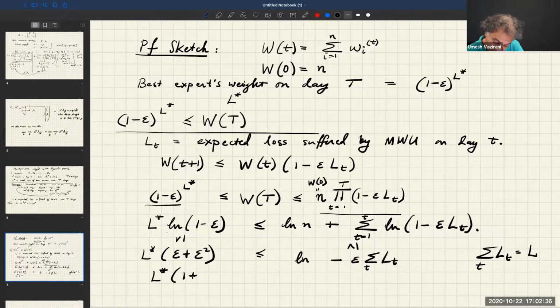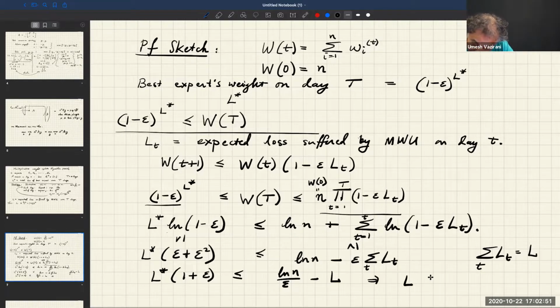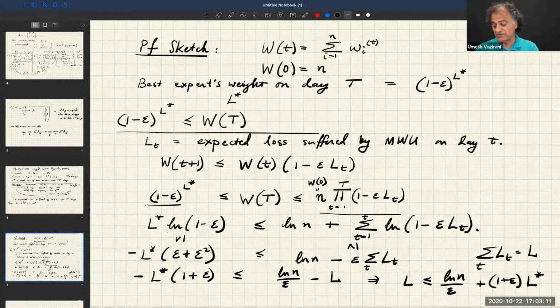So you get L star times (1 plus epsilon) is less than or equal to log n over epsilon minus L. And now if you rearrange, this is the same thing as saying L is less than or equal to log n over epsilon, and you get a minus here, right? Plus (1 plus epsilon) times L star. Okay, so that was the bound.